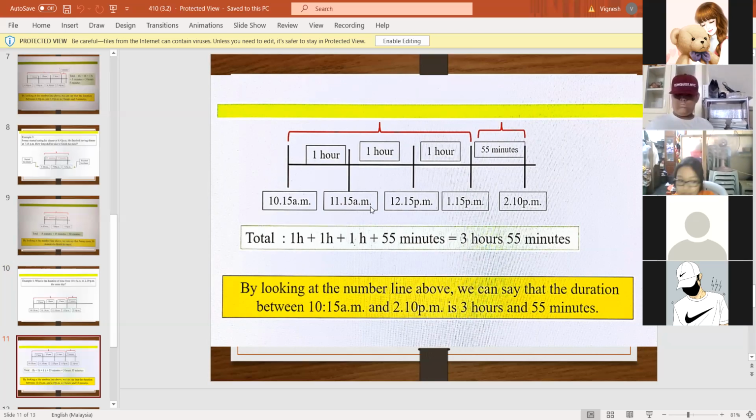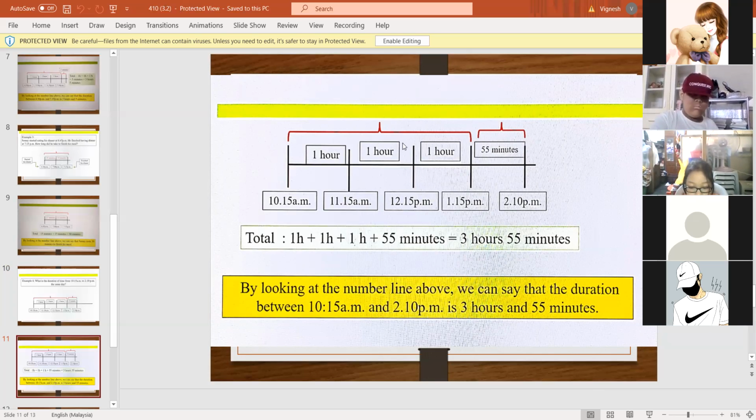So 10:15 to 11:15 is 1 hour, correct? Class, can you hear me now? Yes, teacher. Okay. 10:15 a.m. to 11:15 a.m. is 1 hour. And then 11:15 to 12:15 is 1 more hour. 12:15 to 1:15 is 1 hour.